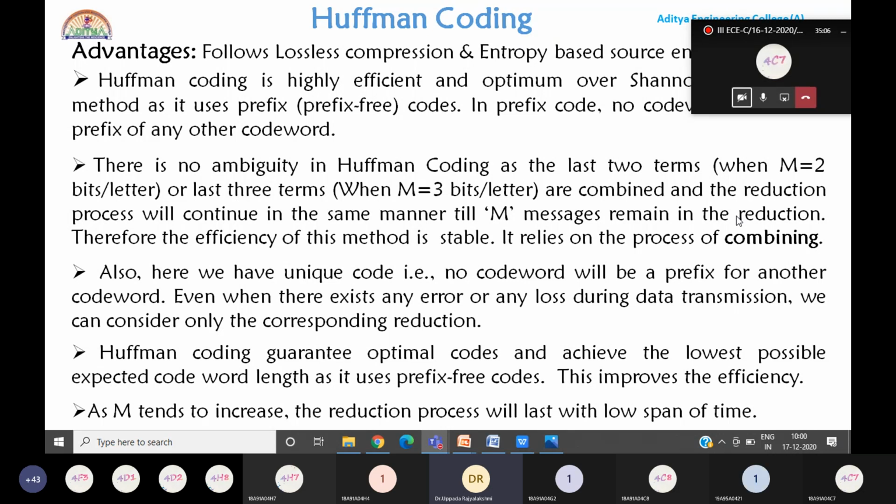Instead of partitioning, here we'll combine the last two terms or last three terms based on the combining factor. Here M is the combining factor, and in the case of Shannon-Fano coding method, M is the reduction factor, or you can say partitioning value.